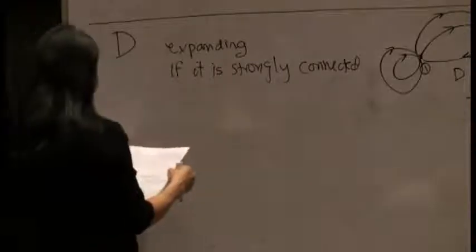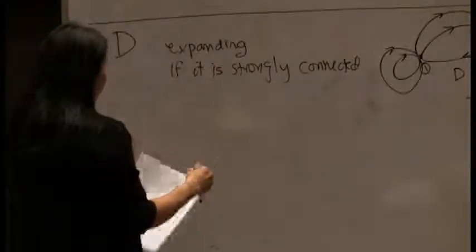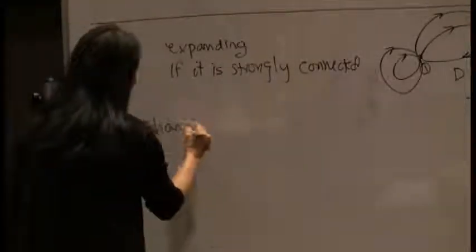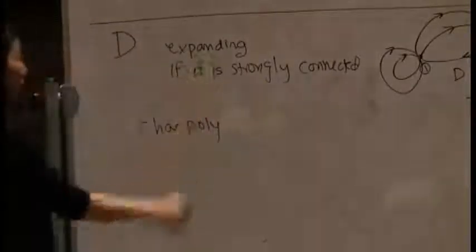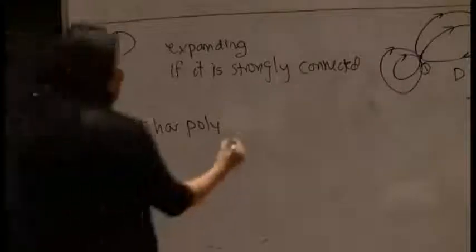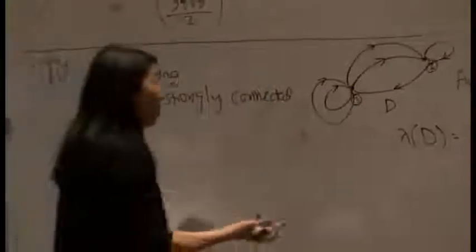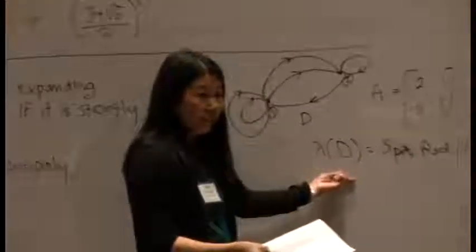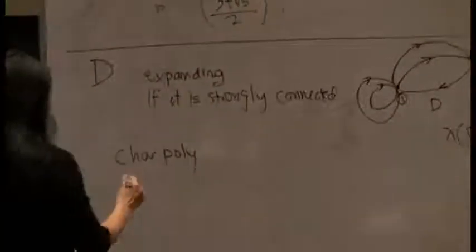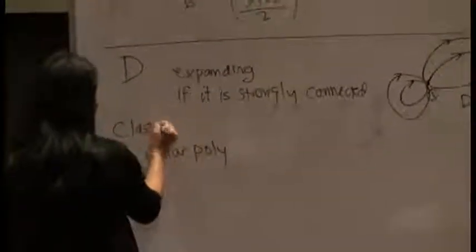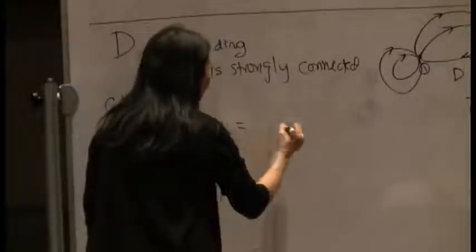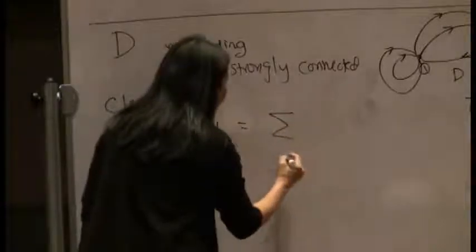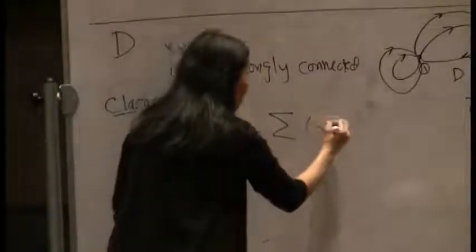And then the characteristic polynomial of this thing: if somehow this came from a pseudo-Anosov map, the largest root of the characteristic polynomial would give you the dilatation. Okay, so the classical fact is that the characteristic polynomial is given by some kind of interesting function.